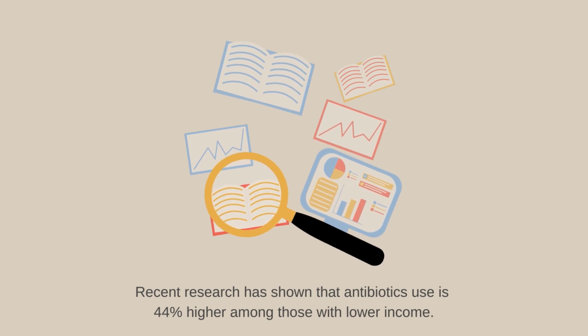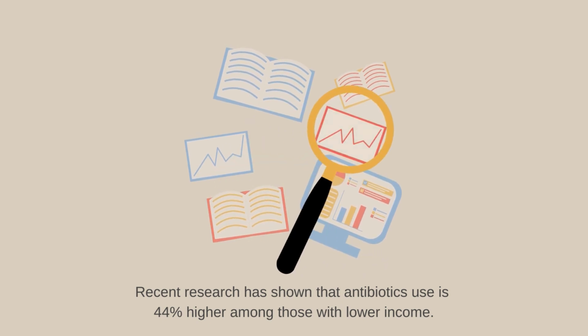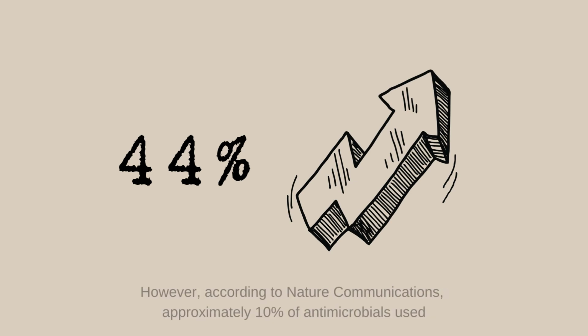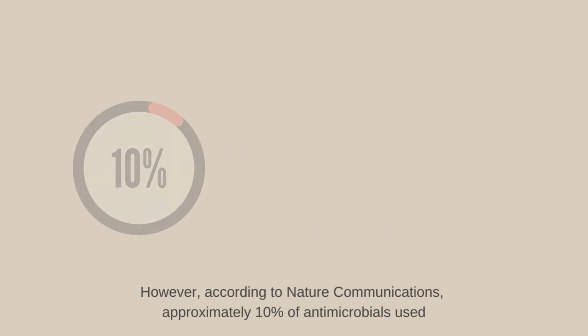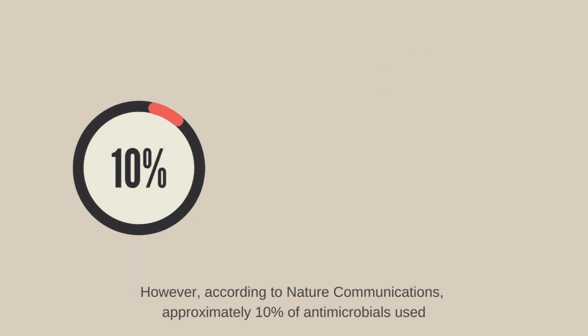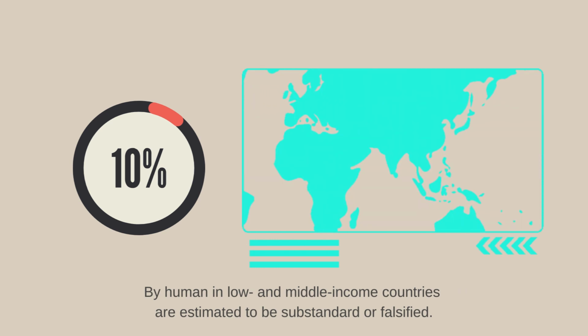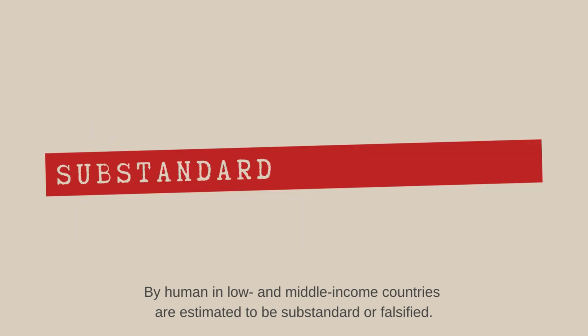Recent research has shown that antibiotic use is 44% higher among those with lower income. However, according to Nature Communications, approximately 10% of antimicrobials used by humans in low and middle-income countries are estimated to be substandard or falsified.